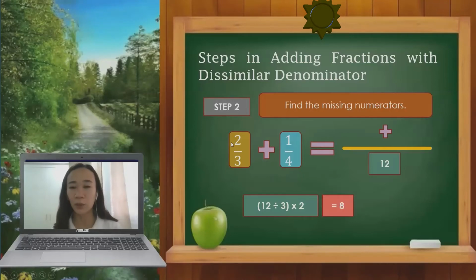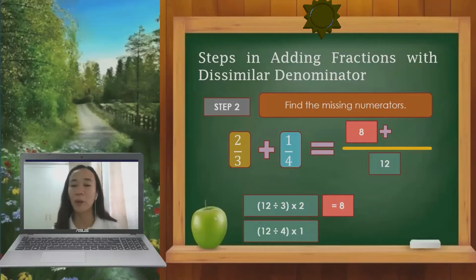That is equal to 8. And the next, 12 divided by 4 times 1. What is your answer? 12 divided by 4 times 1. Great job, Guadans! That is 3. So we have our numerators now, 8 and 3.